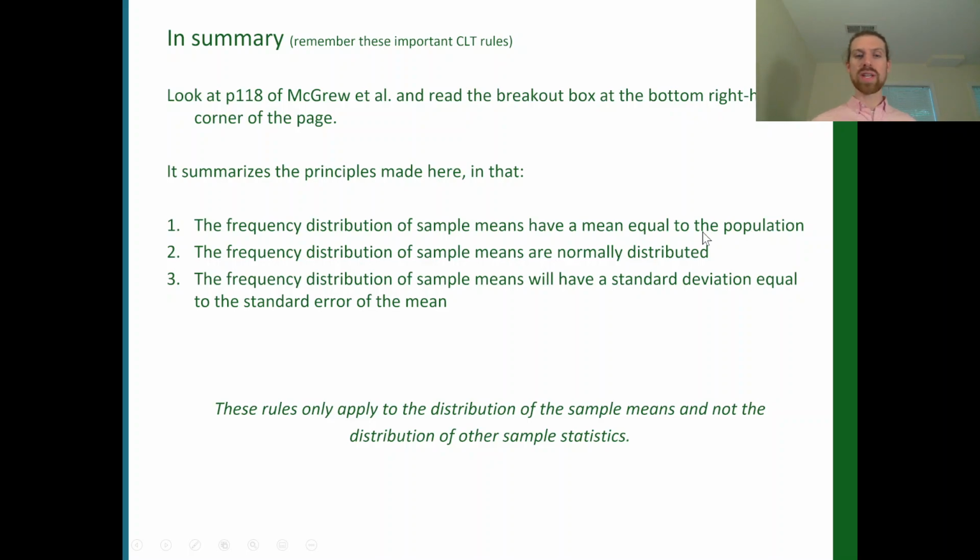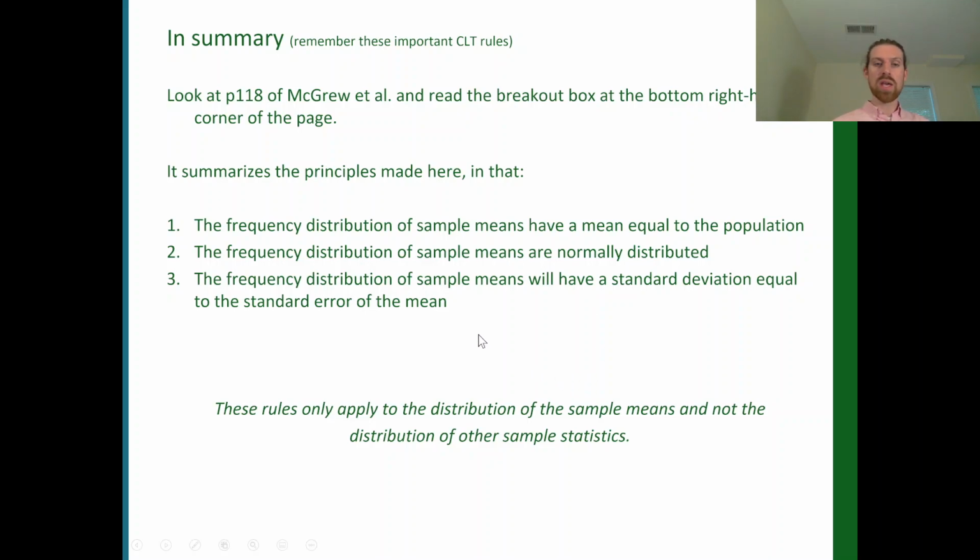We've covered that already within the initial example that I gave you. The frequency distribution of the sample means will be Gaussian, so normally distributed, and it will have a standard deviation which is equal to the standard error of the mean.